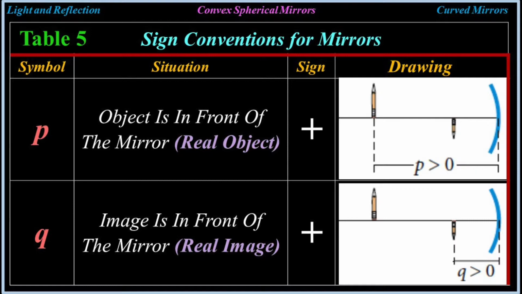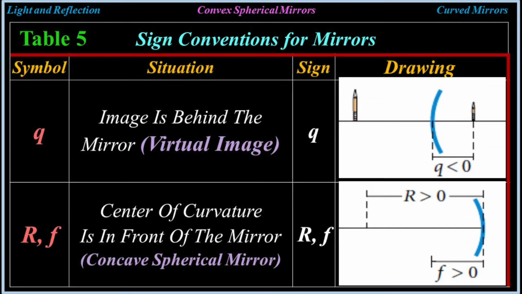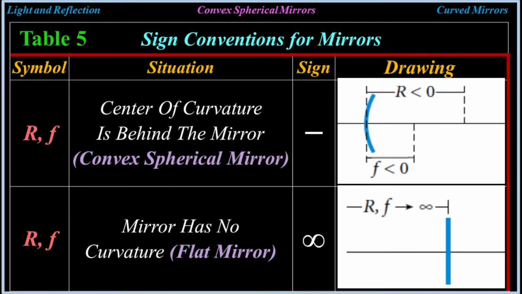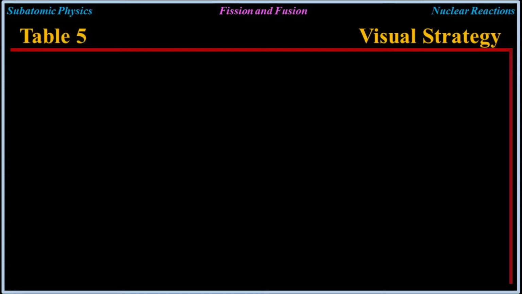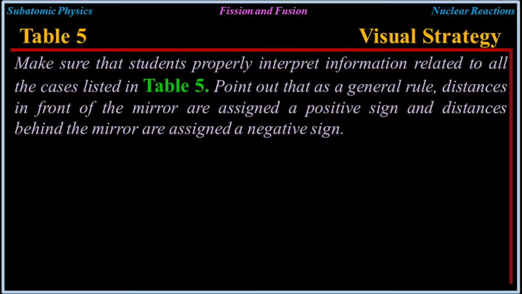Here is Table 5, sign conventions for mirrors. Study it very carefully, and you're going to be using it a lot. These are the sign conventions when things are positive and negative, etc. Here's Table 5, visual strategy.